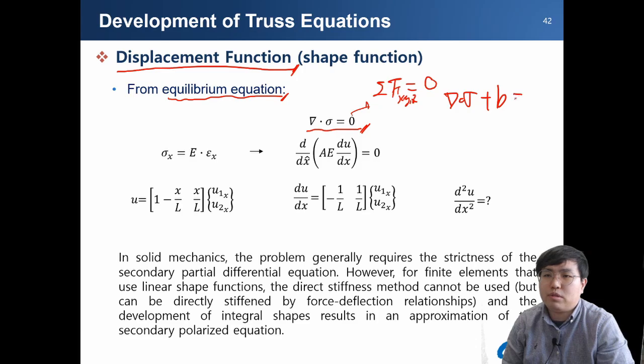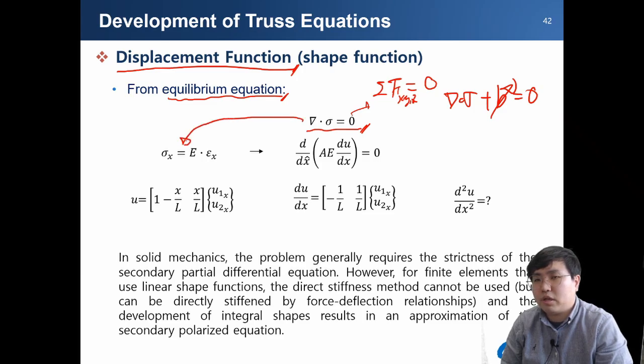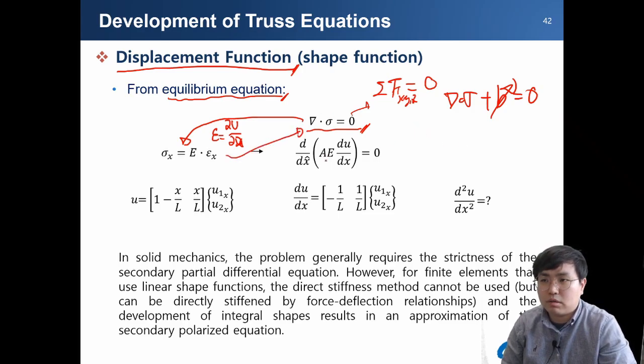If you have body forces or other types of forces, we neglected them. To simplify understanding, I only consider one-dimensional space. Hooke's law says sigma x equals Young's modulus multiplied by strain, and the equation looks like this, because the strain is the derivative of displacement with respect to x. Then we put this value in here, and the del operator is also in here, and this strain equals 0.